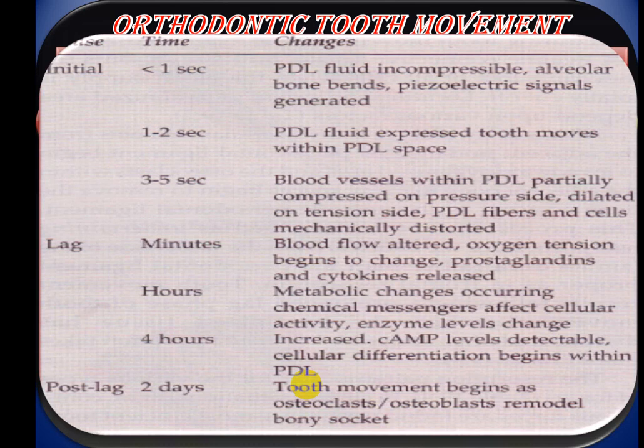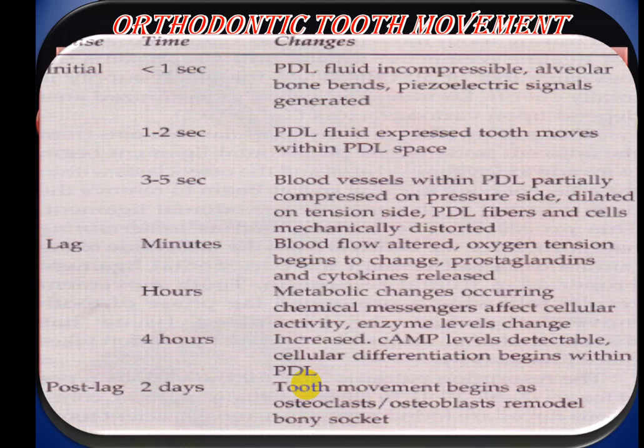Then we enter into the lag phase, which ranges from minutes to hours. In the first minutes of the lag phase and of force application, of course, the blood flow will be altered. The oxygen, as we mentioned, will increase on the tension side and decrease on the pressure side.